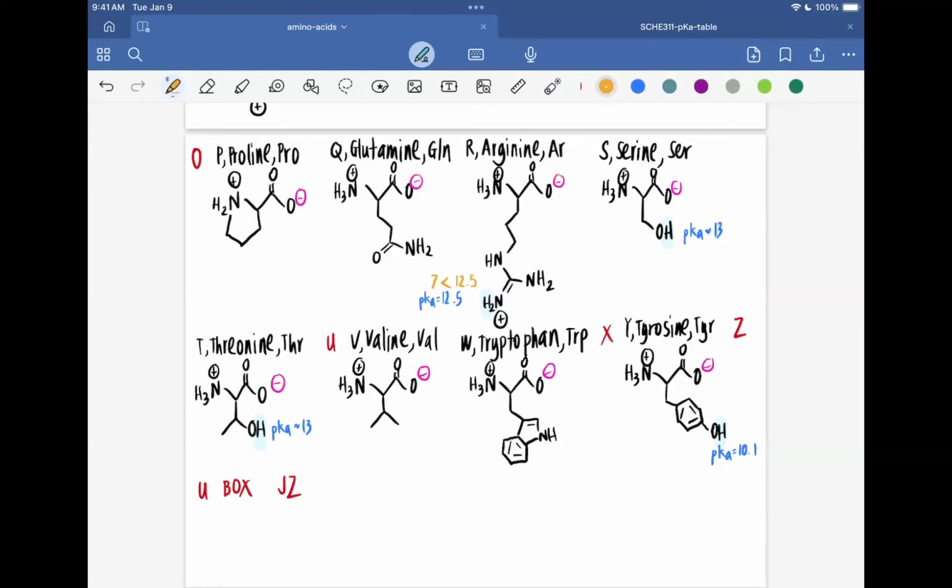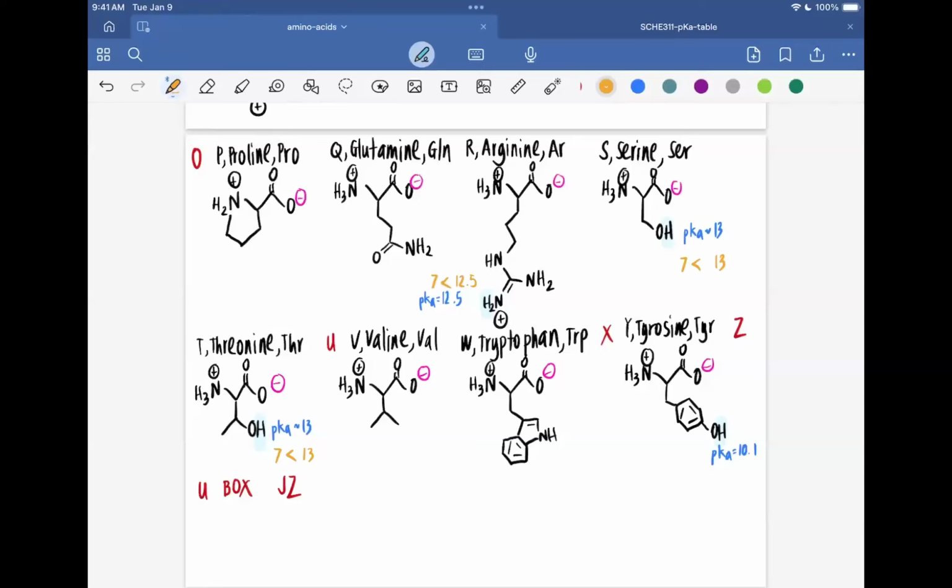The pKa of serine is 13 for the alcohol proton. So 7 compared to 13, 7 is less than 13, which means that the proton will stay. And so we'll keep the alcohol there. Threonine has the same pKa, so 7 compared to 13 again, the pH is less than the pKa, so the proton will stay.